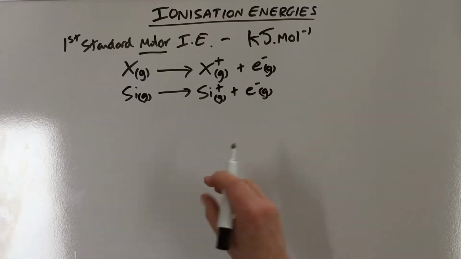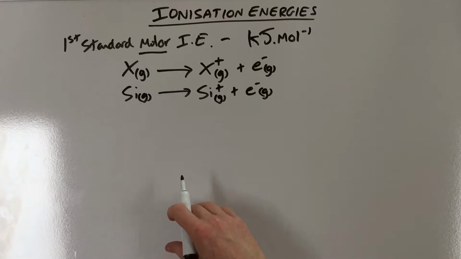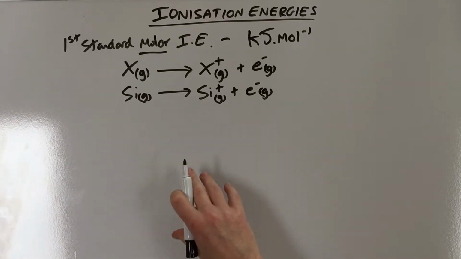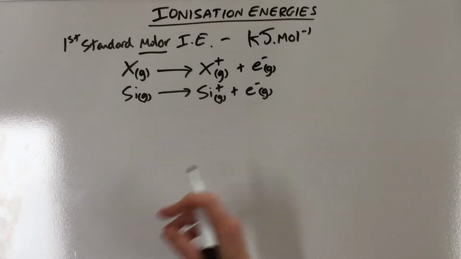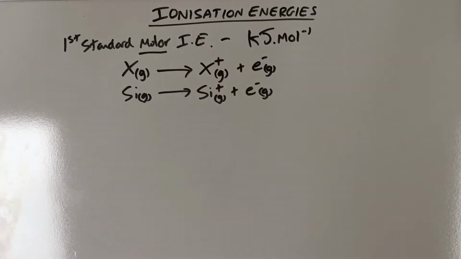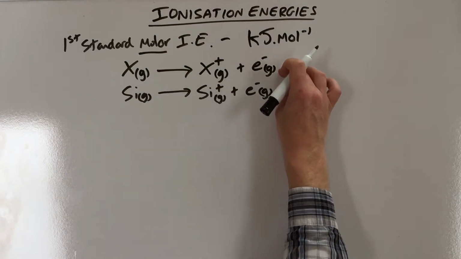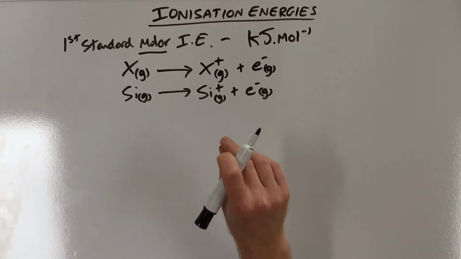There are second and third molar ionization energies, but we'll come across those in a later video, termed successive ionization energies, where we remove more than 1 electron. But for now, we're just focused on the first one. The amount of energy required to remove this electron is different for each element.